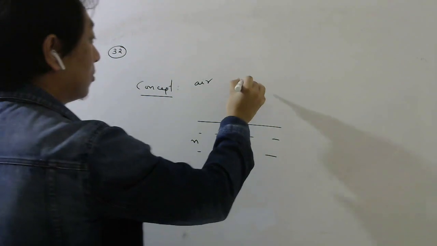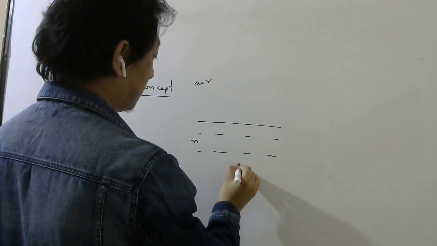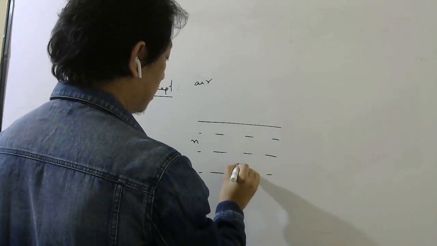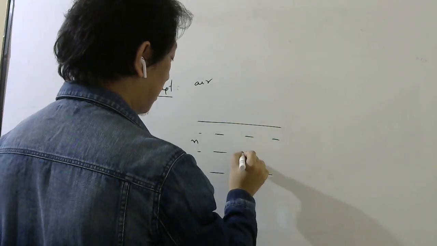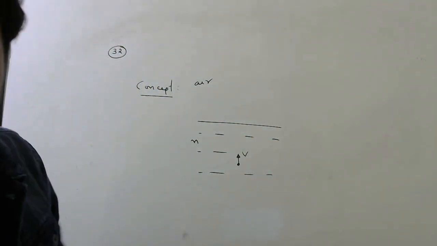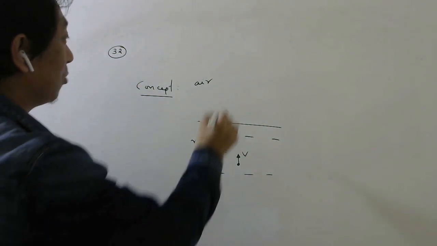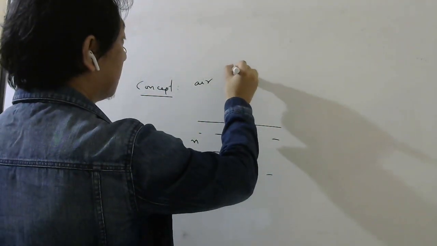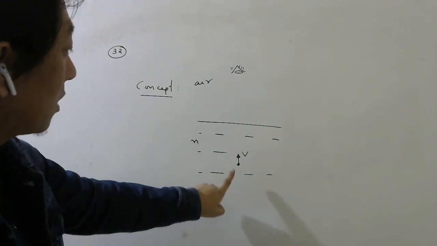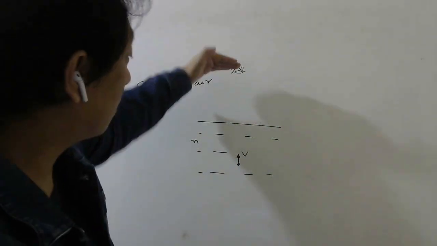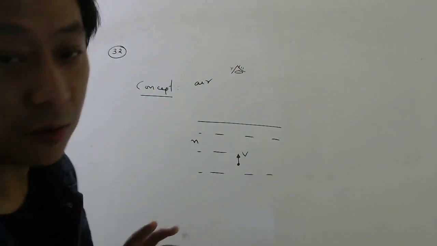Now here there is one object. It is moving with velocity v. This is the velocity of the object with respect to ground, actual velocity. Now when the observer will see, he will not see this coming with this velocity.